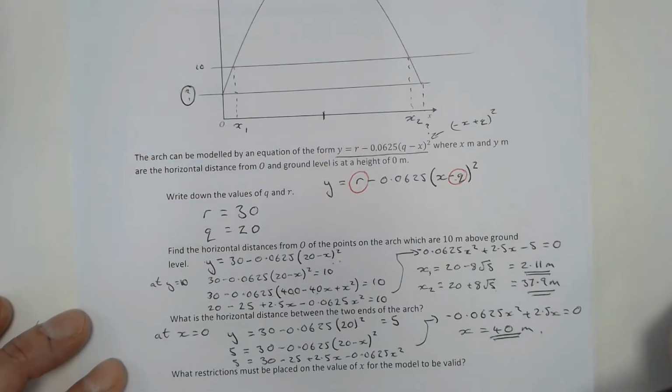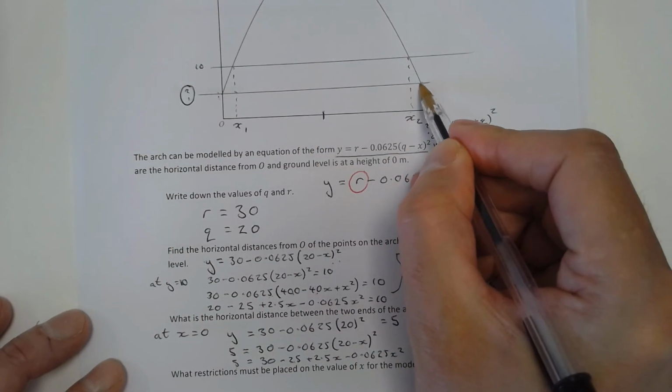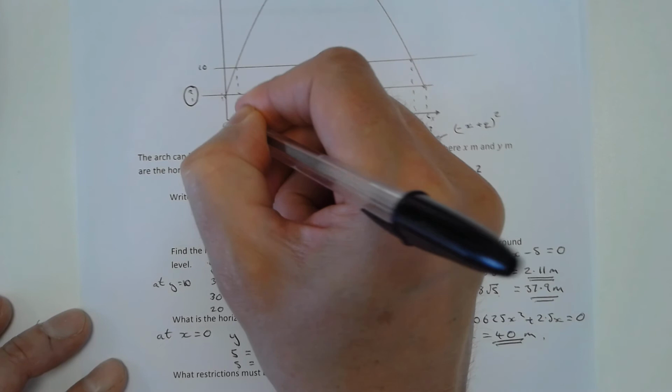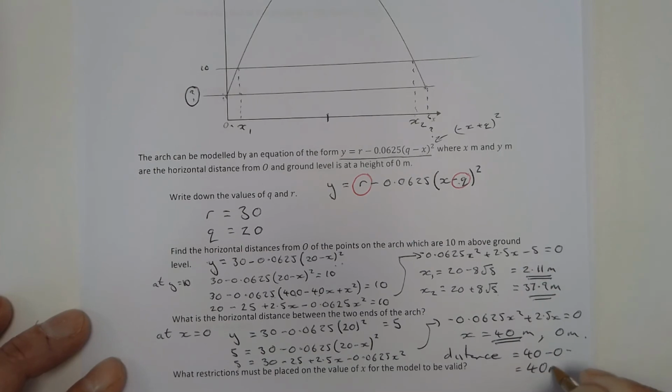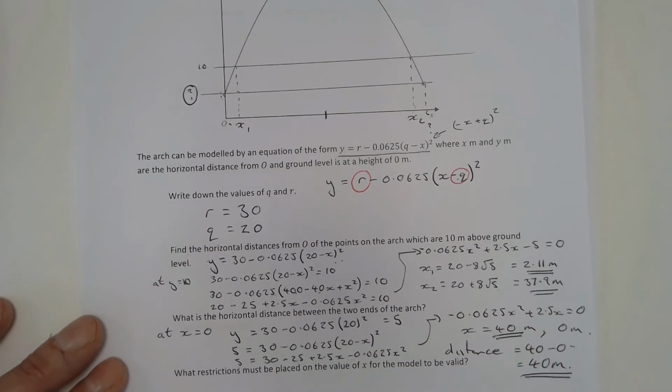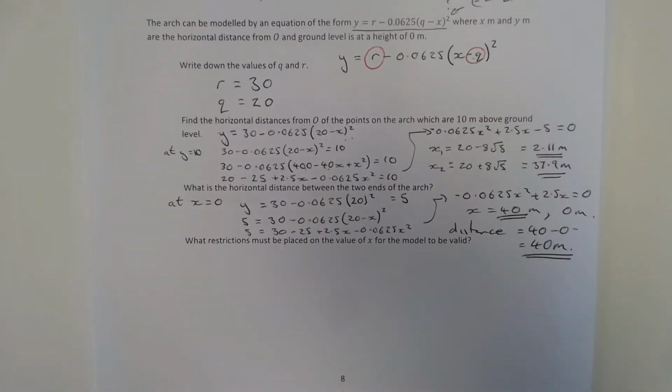So the distance from the bottom of the arch to the top of the arch, this is 40, this is 0, so the distance is 40 minus 0, which equals 40 meters. Okay, so that's my distance between the two parts of the curve, two parts of the arch.